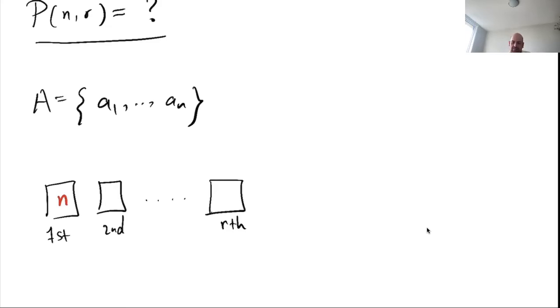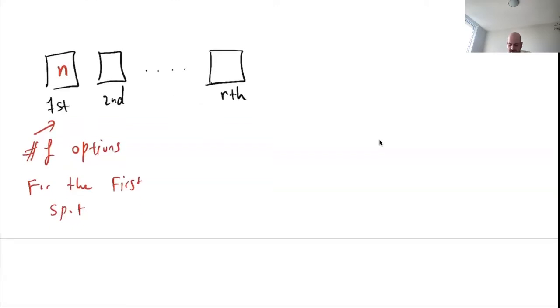And then for the second spot, because one element has been already chosen, right? How many elements am I going to be left with? For the second spot, I'm going to be left with N minus 1 options.